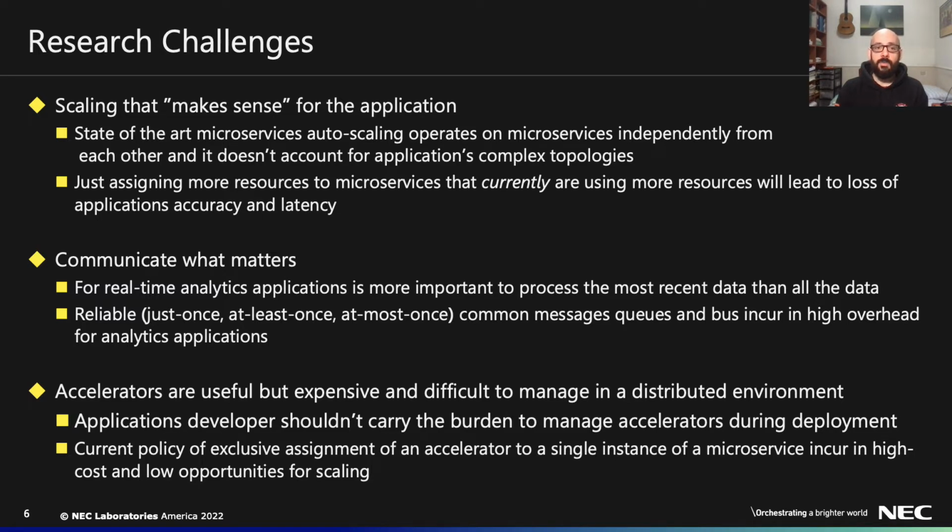Another challenge is to communicate what matters, which means that for real-time applications, it's more important to process the most recent data than all the data. Also, reliable common message queues and buses that provide exactly once, at least once, and at most once semantics incur high overhead for analytics applications.